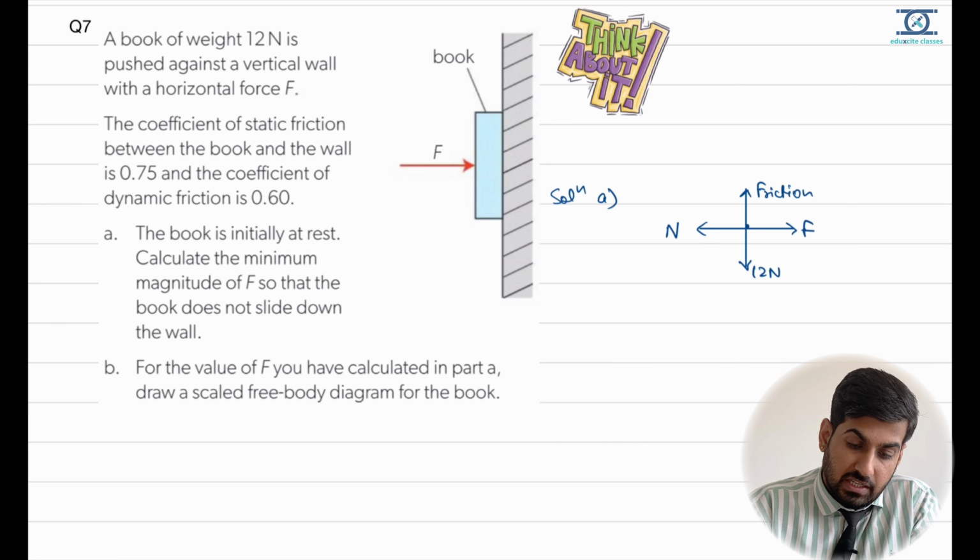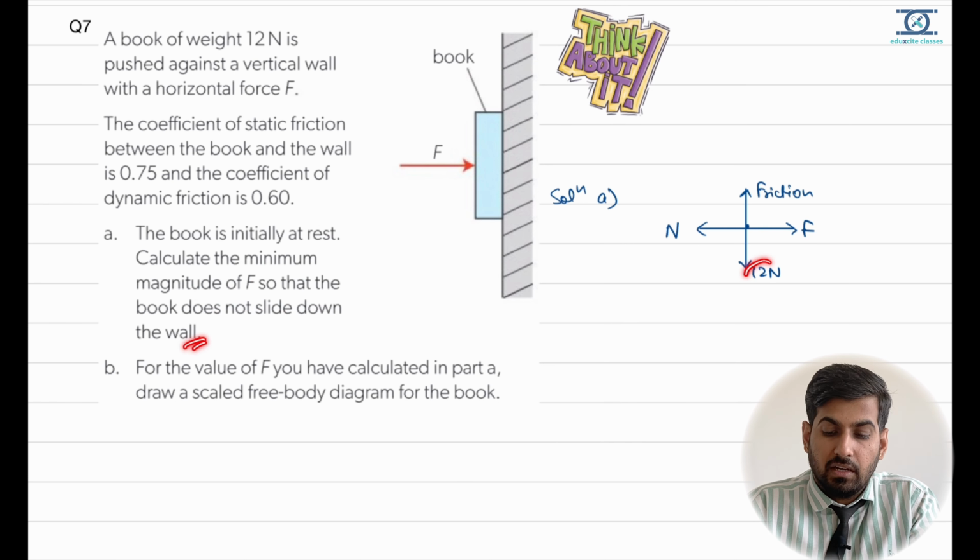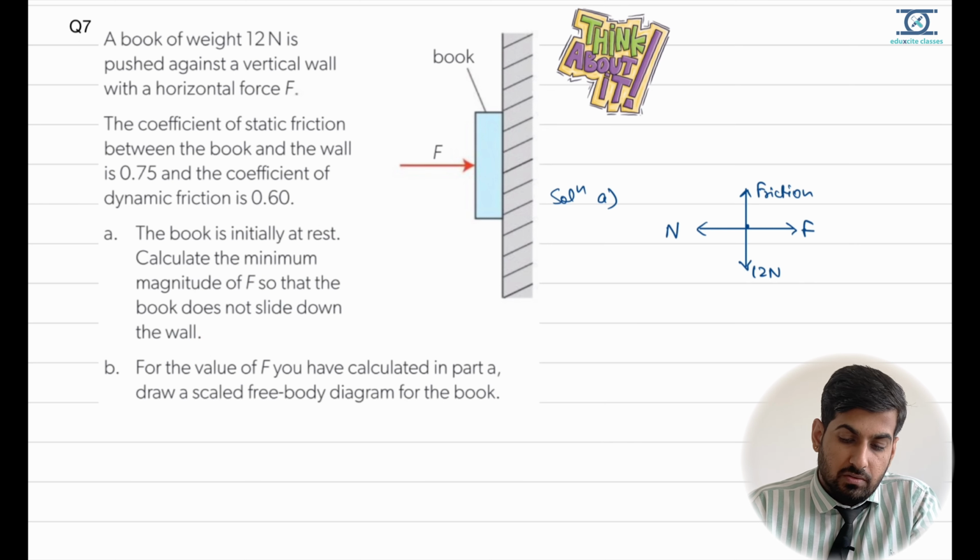Why is friction acting in the upward direction? Because the book is supposed to move in the downward direction, and friction always acts in the opposite direction. Now the book is initially at rest. Calculate the minimum magnitude of F that is required so that the book does not slide down. The static friction coefficient is given to you.